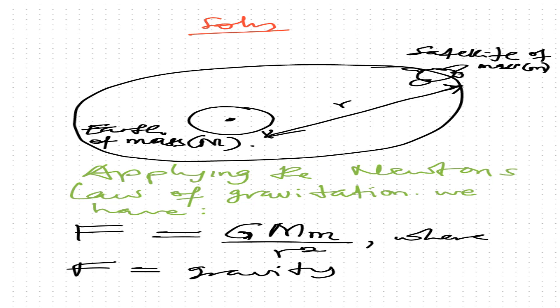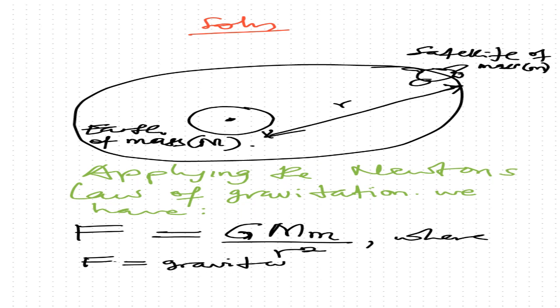And there is this important relation we said yesterday. Here too, the centripetal force of the satellite. How is the satellite able to move around the Earth without falling? It is provided by the gravitational force.